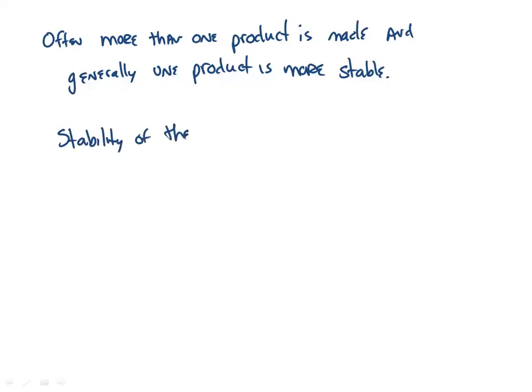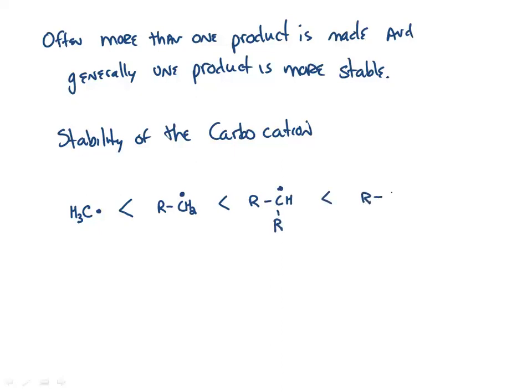of what's called the carbocation, or the carbanion. And what that really says is that if I've got a molecule that looks like this, that's the least stable, and that if I keep adding R groups onto it, and depending upon how many R groups are stuck to that carbon, they get more and more stable as I add more and more R groups.